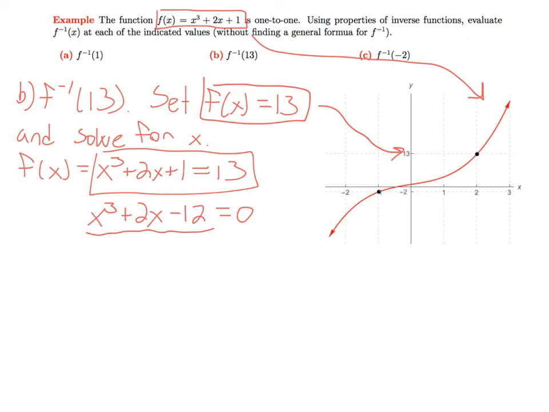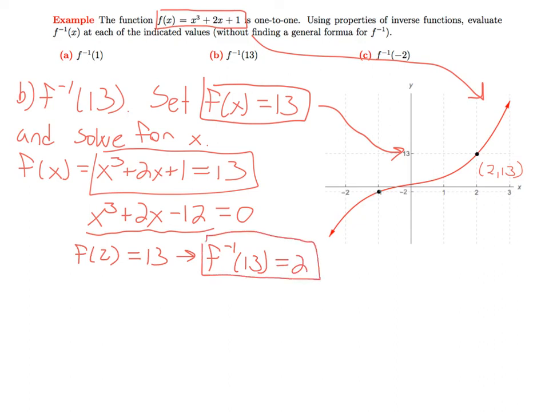I can see over here that we've got a point at (2, 13). So when x is equal to 2, f of x is 13. So f of 2 equals 13. That's enough to tell us that the inverse of f at 13 is equal to 2. So that solves part B for us.